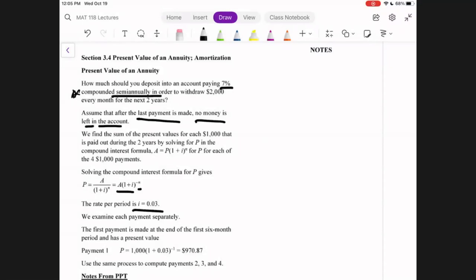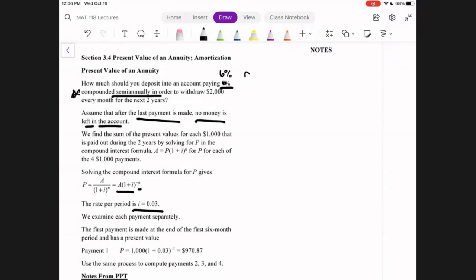So how did they get that I? So this is 7% here. So this up here should actually be 6%. Typically whatever your percentage that you're compounding annually, monthly, semi-annually, that is your rate.